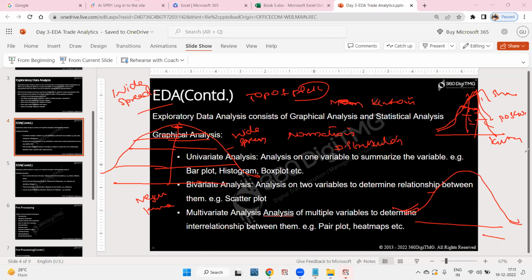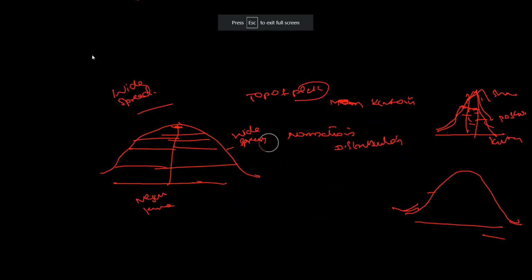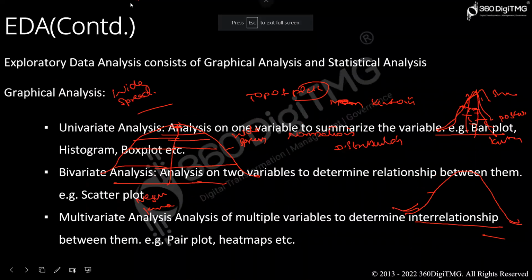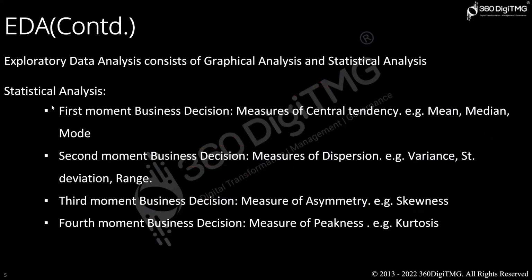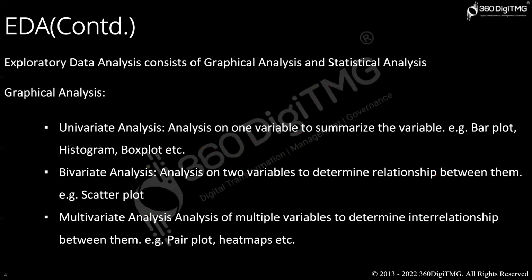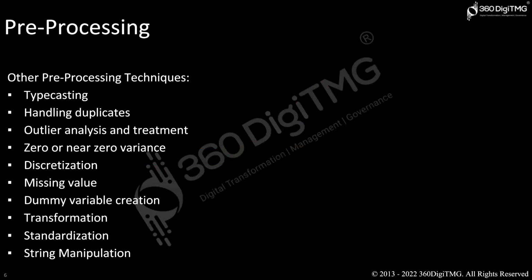See, we have different names, guys. So in kurtosis, let's take this. When you have a wider peak, this is called platykurtic.